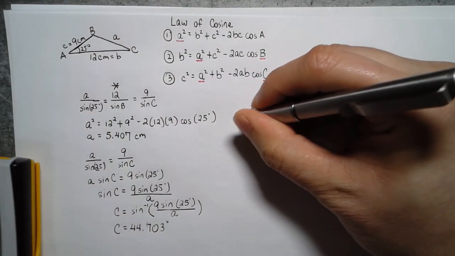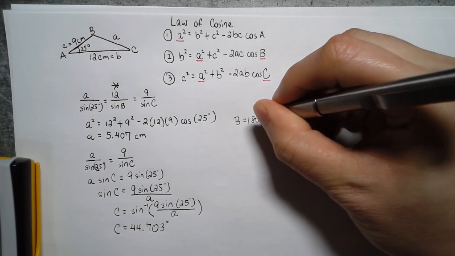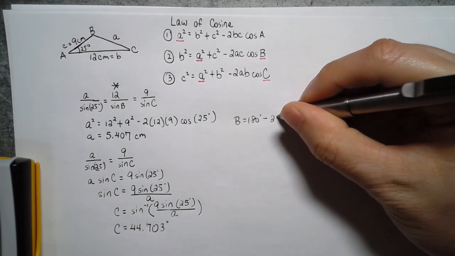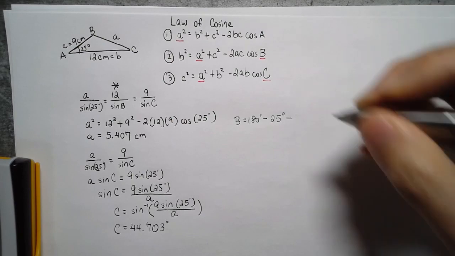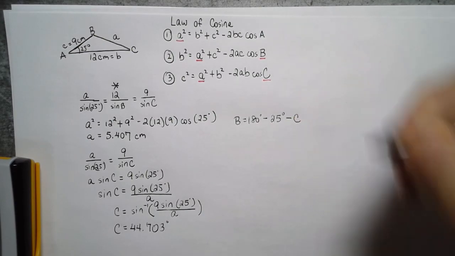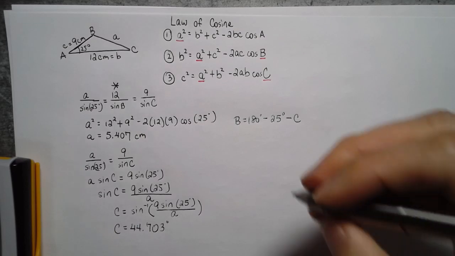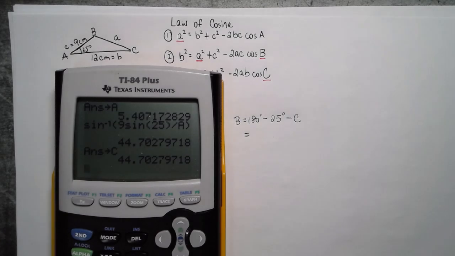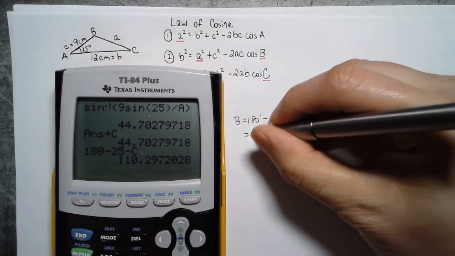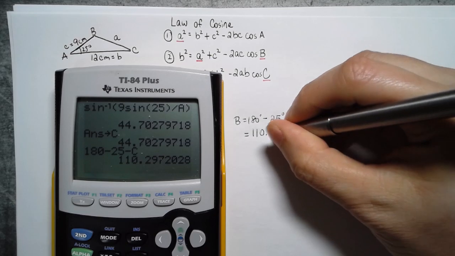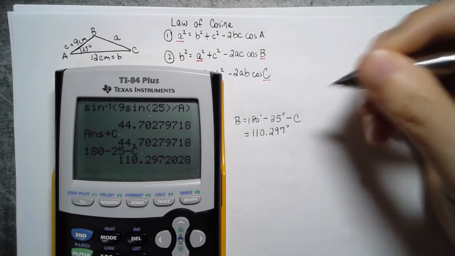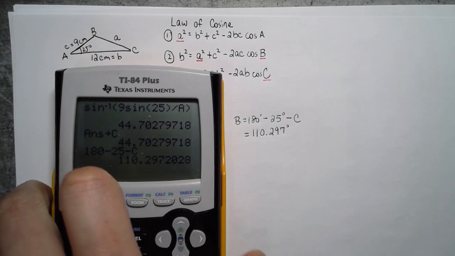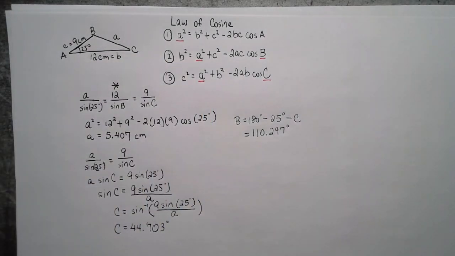So angle B will be 180 degrees minus angle A, which is 25 degrees, minus angle C, which I did store in the calculator as angle C. Therefore, typing all that in, 180 minus 25 degrees minus angle C will give us 110.297 degrees.